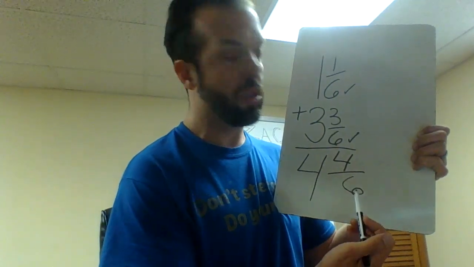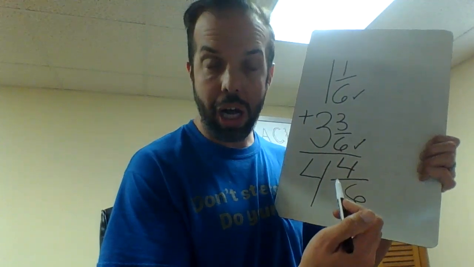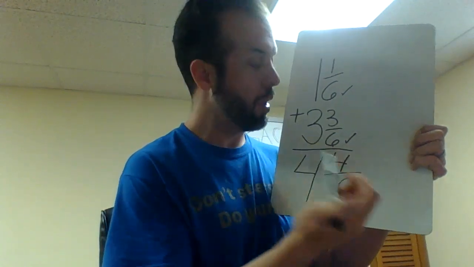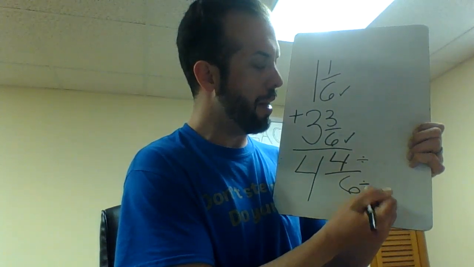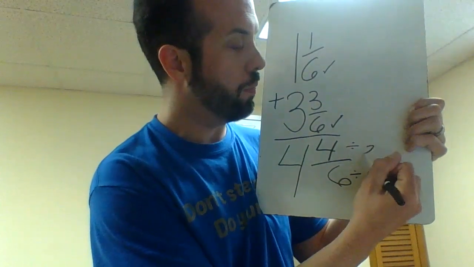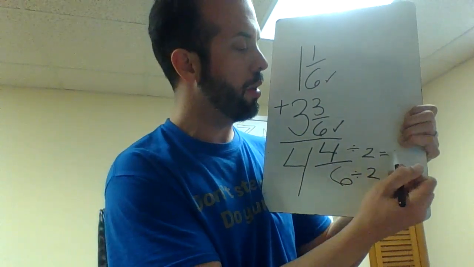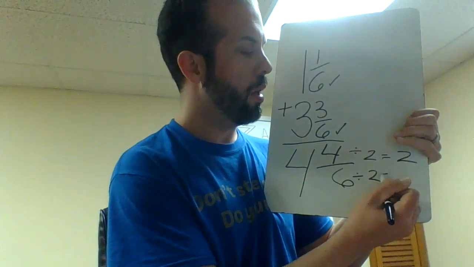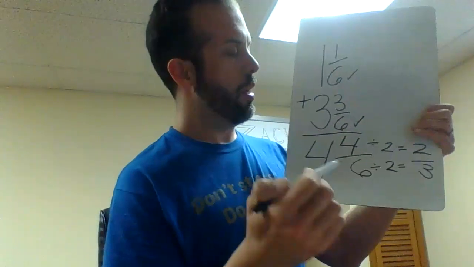My factors of 6 are 1, 2, 3, and 6. I'm going to circle the greatest common factor, which is 2, and divide both the top and the bottom by 2. 4 divided by 2 is 2, and 6 divided by 2 is 3.